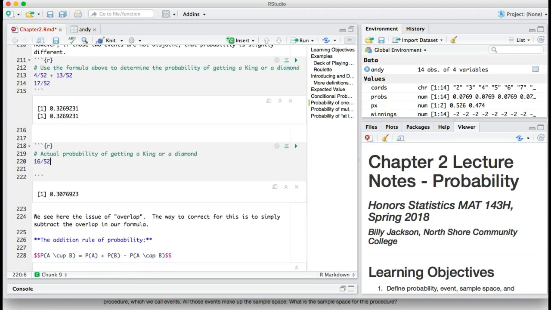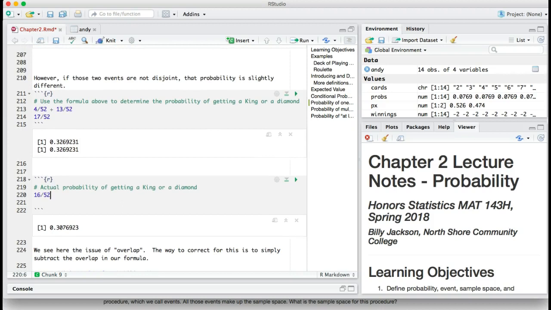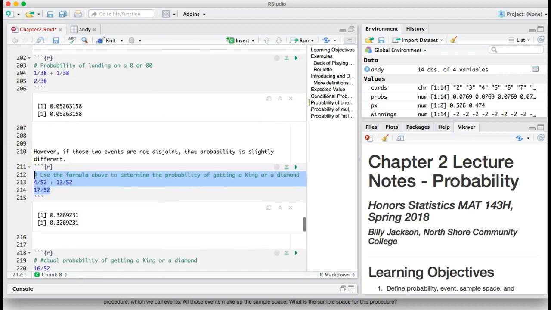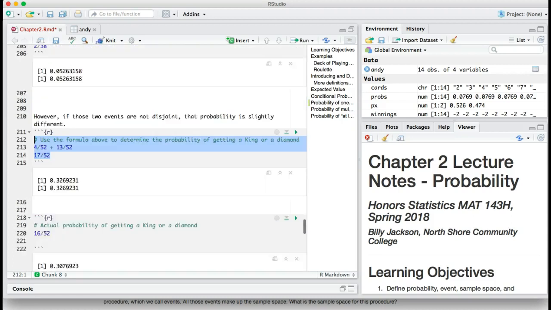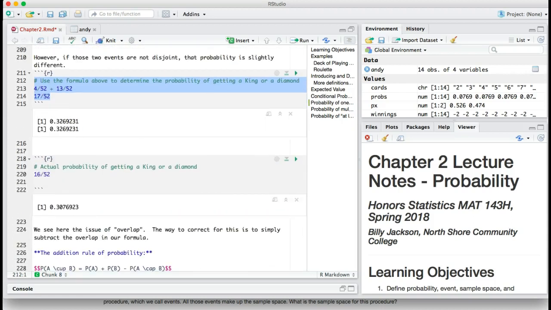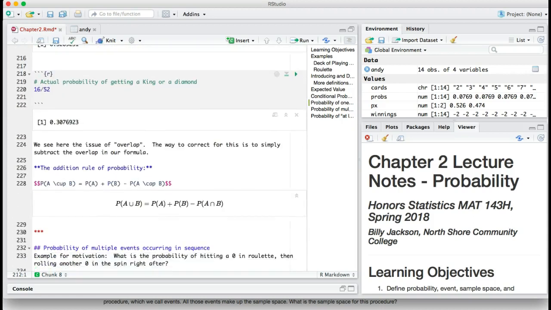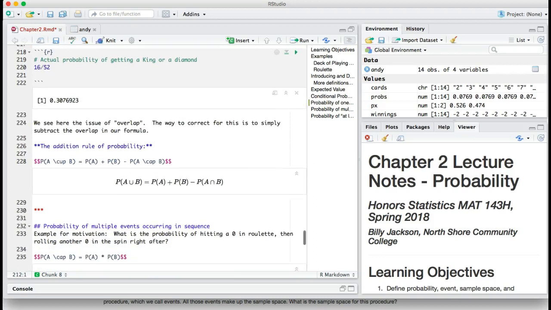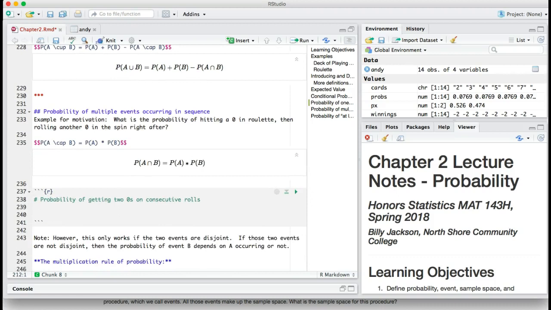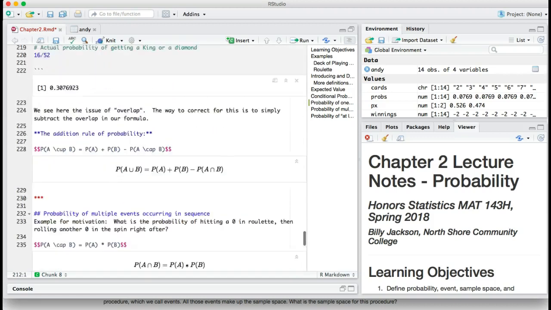Maybe you can see here the issue is this thing called overlap. We had this one card that was a king and a diamond, which got double counted when we used that simple formula of just adding the two probabilities. And you don't want to consider the same card twice. So there's a way to correct this, which is to simply subtract the overlap in our formula. The probability of getting event A or B is given by the probability of A plus the probability of B minus the probability of the overlap.